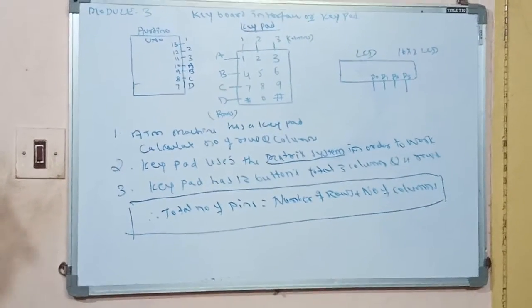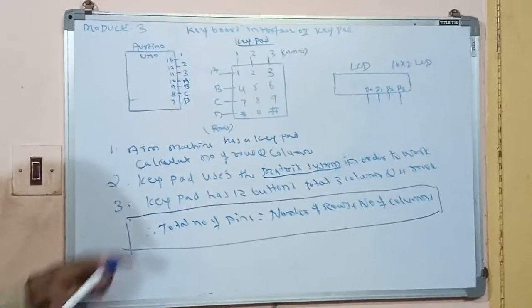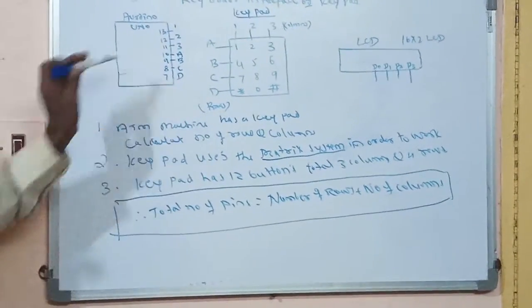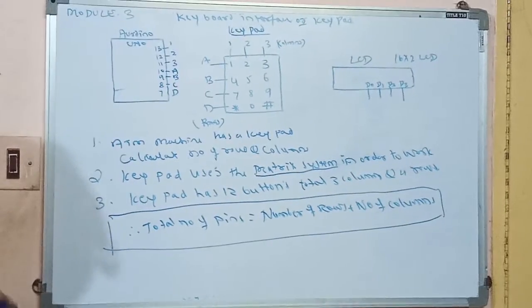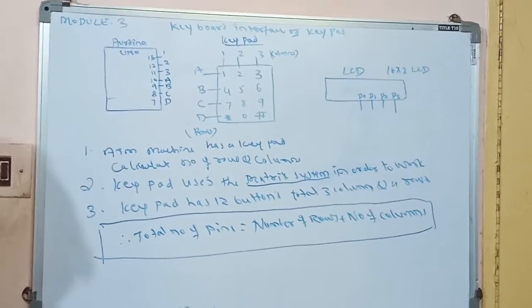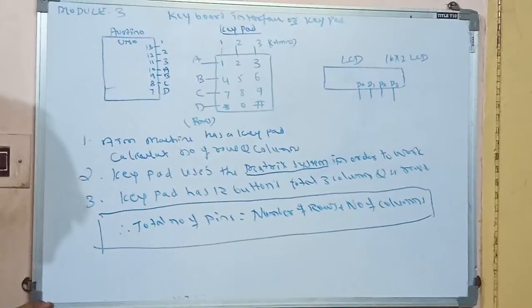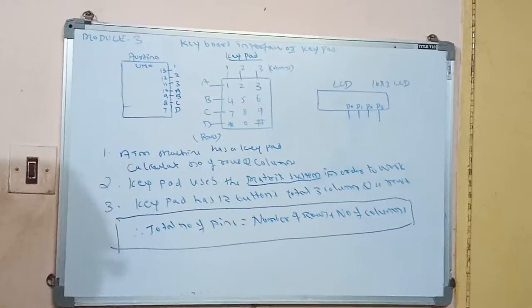Later, based on this hardware, we are interfacing this keypad with the Arduino and LCD. Then we start writing the code. If everything is right, then you can communicate and pass the information.